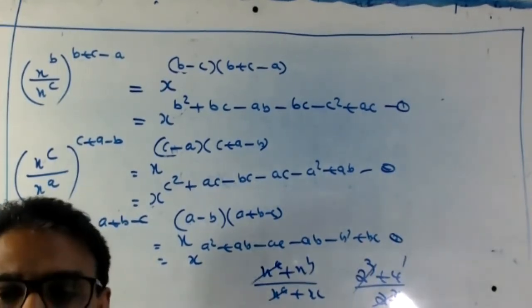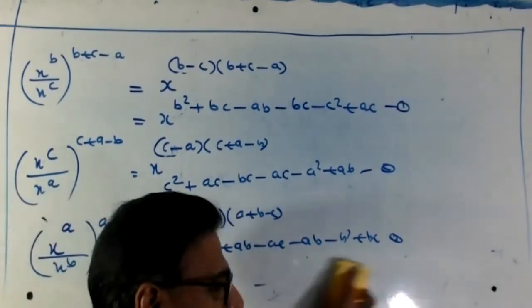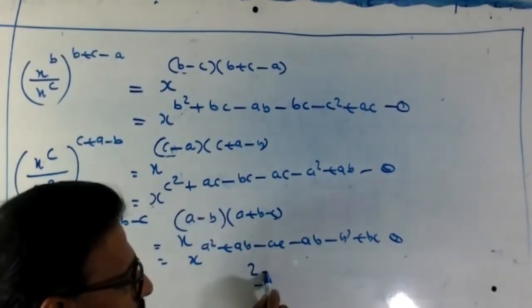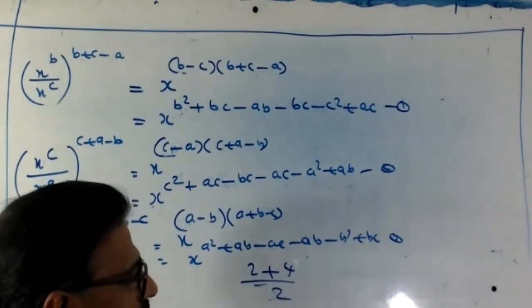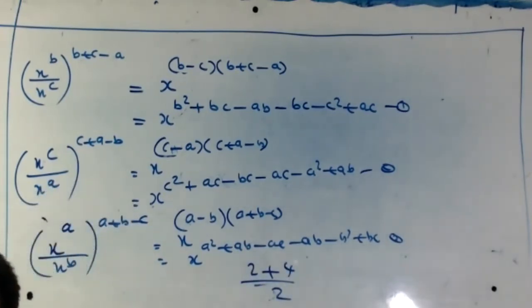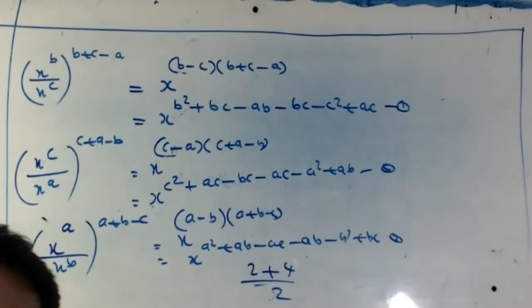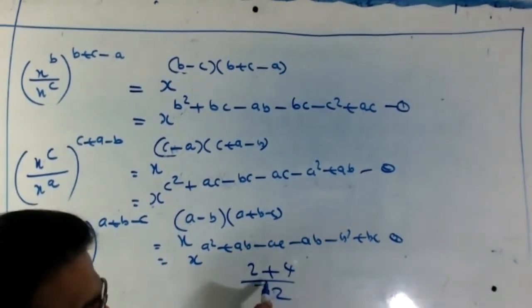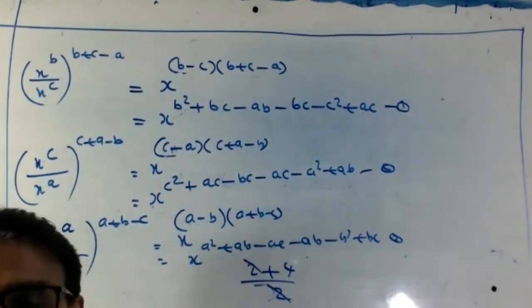Okay. And here this is a common mistake. Look here. Suppose 2 plus 4 divided by 2. What is the answer? Okay, 3. Right? Maybe some guys think this cancels. No, we cannot cancel.